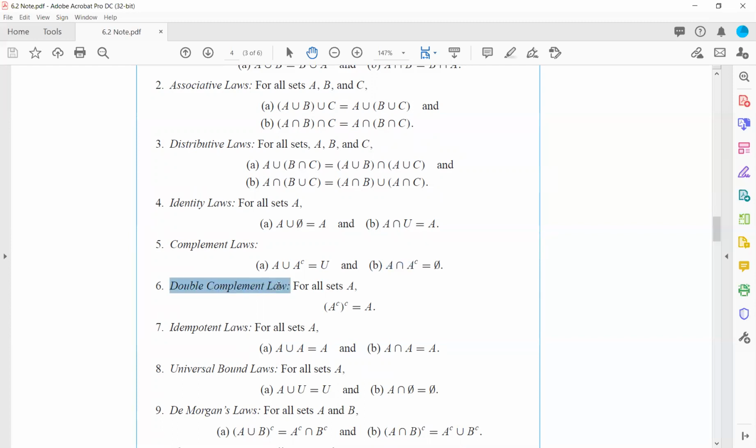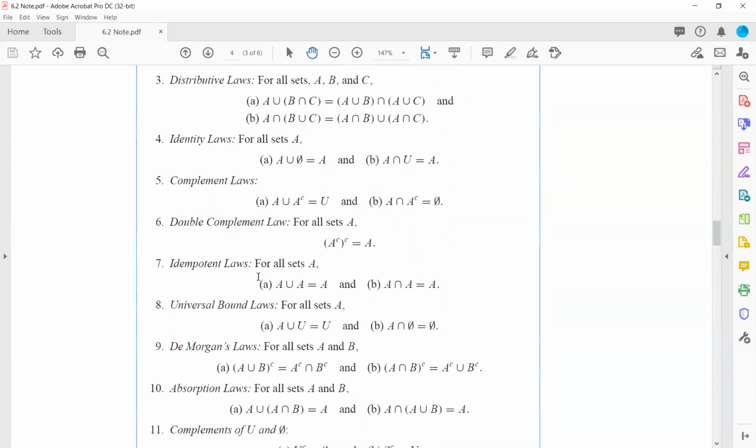Double negation and double complement law. The complement of the complement of a set is the same as the set itself. So double negation of a statement is the same as that original statement. You have the same thing for set theory, double complement. Idempotent laws.